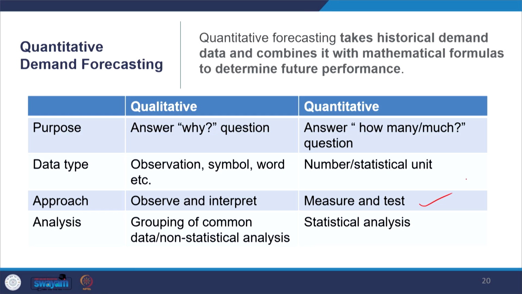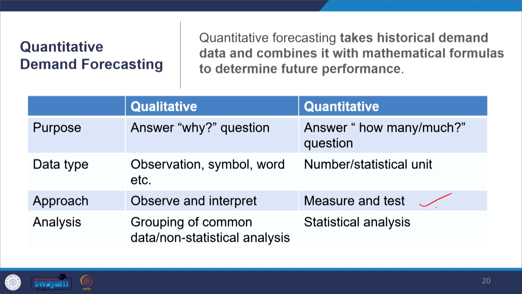On the other side you are measuring, let us say at one particular value of x, which is an independent variable, what is the sales, that is y, which is the dependent variable. So, you measure that and test at what level of confidence you are answering, what is the significance level. So, you test that.